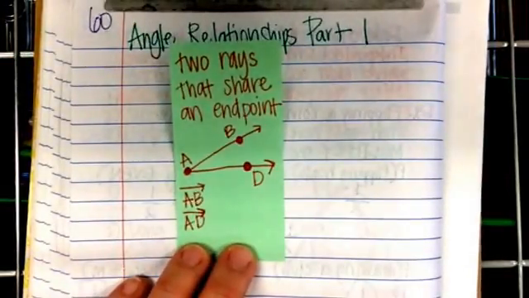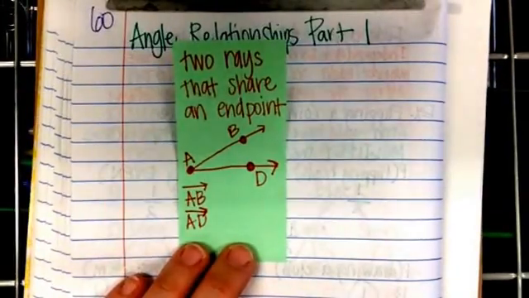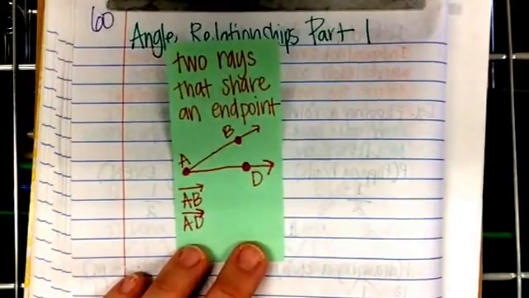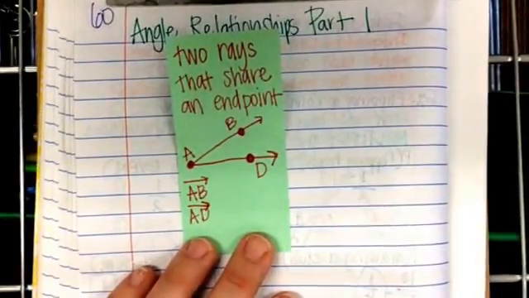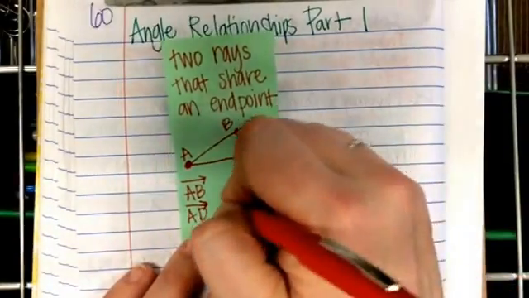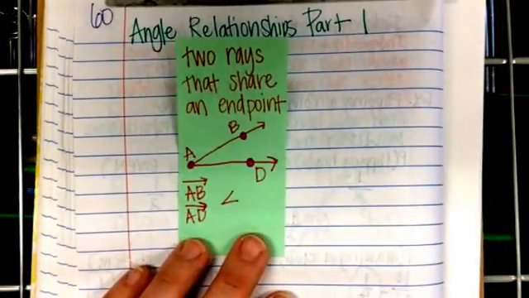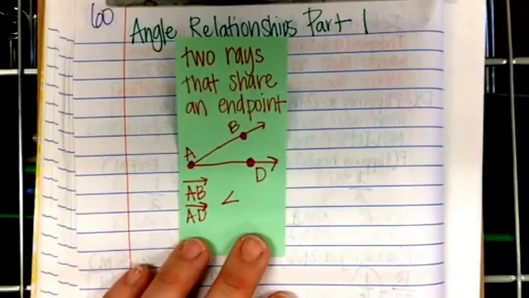What would you call this angle? What's the name of this angle? Not like what type is it. Angle what? Not ABD. A's in the middle. So in our name, A has to be in the middle.